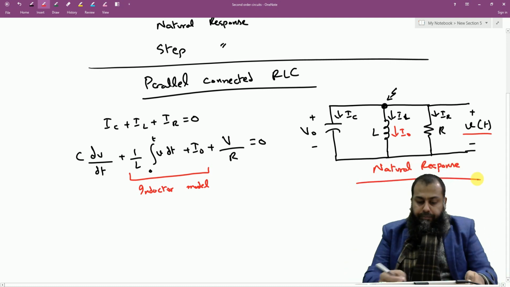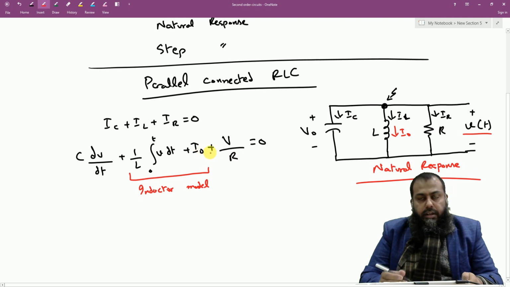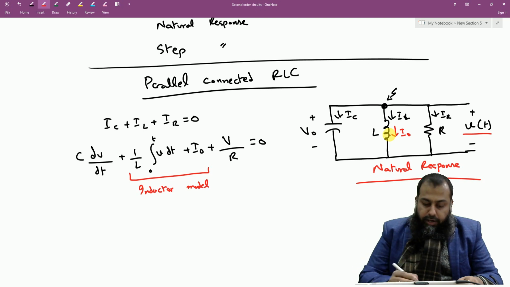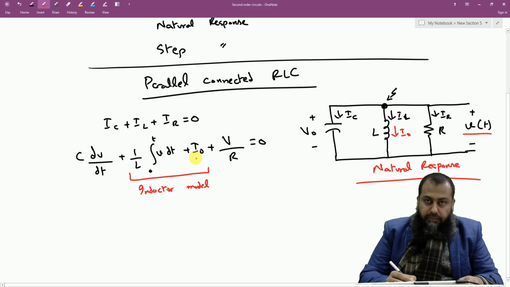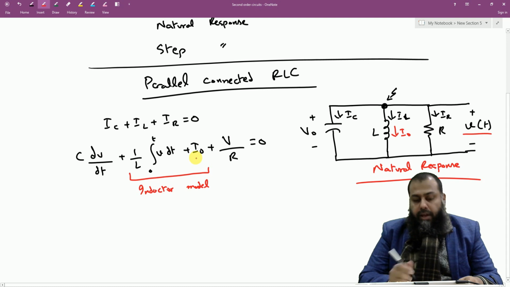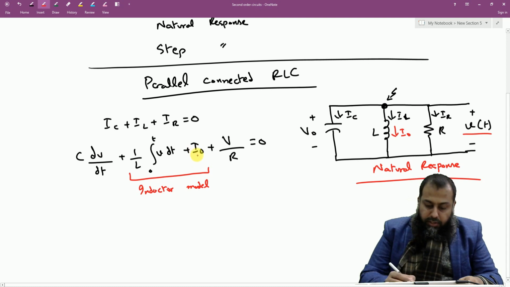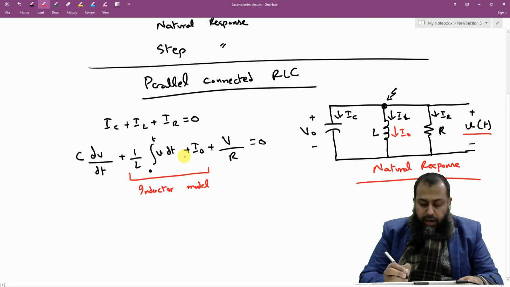So this I naught is the current flowing into this inductor prior to the disconnection of the source from this circuit. The inductor model cannot be fully written unless we provide the value of the initial current flowing through it, and therefore we have included this I naught alongside the current relation for this inductor, and we call this a complete inductor model.